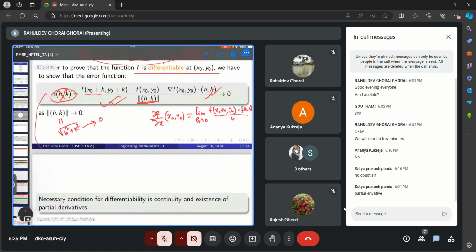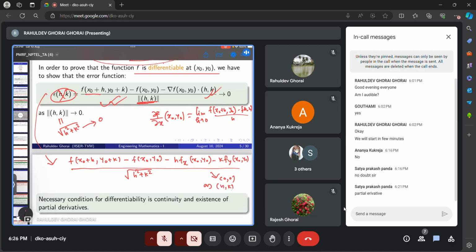So mainly, how we can write this ratio as f of x0 plus h, y0 plus k. Suppose you are going to check at x0 y0 whether the function is differentiable. So mainly, you can write it as h times fx at x0 y0 minus k times fy at x0 y0 over the square root of h square plus k square, and check whether this quantity converges to 0 as hk converges to 0 0.